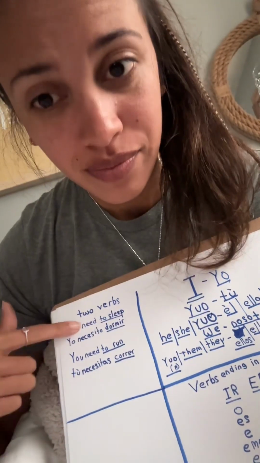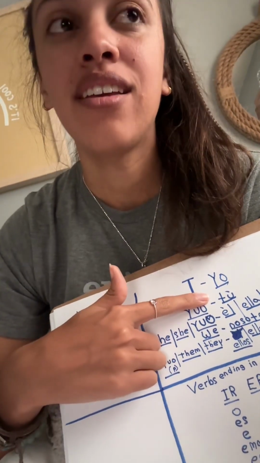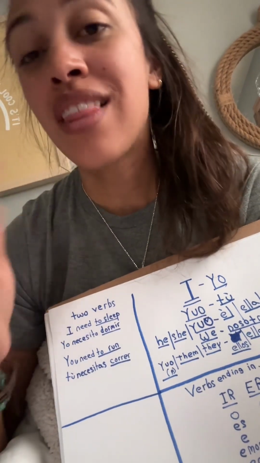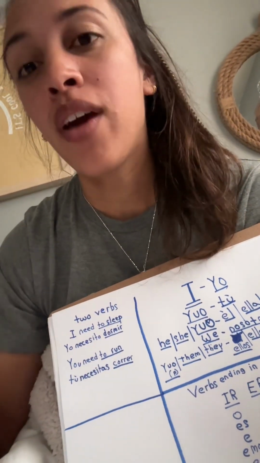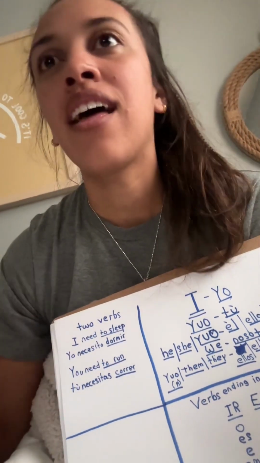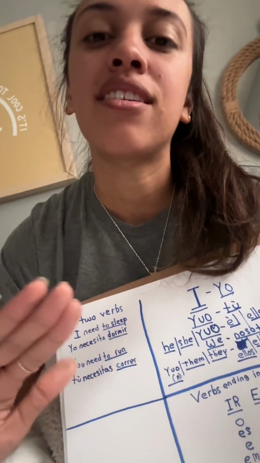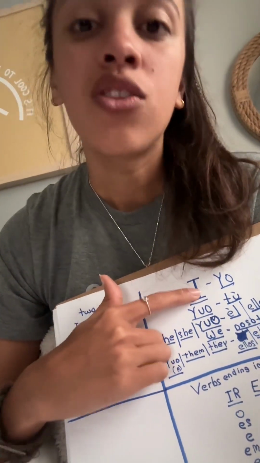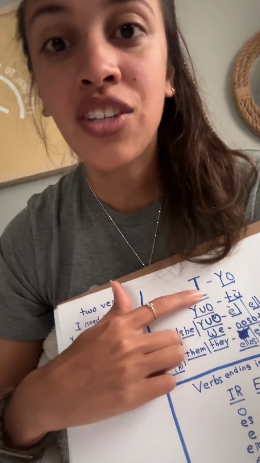So creo, I, que. So que changes it, right? Que can be what, where, that. So creo que, I believe that. Creo que necesito dormir. So now I've conjugated twice. So I believe and I need.